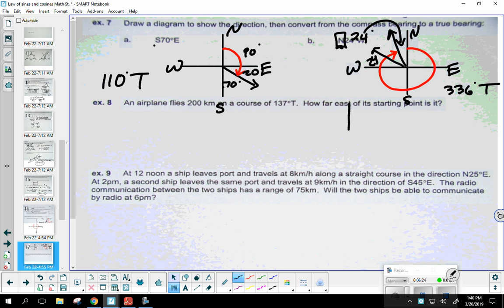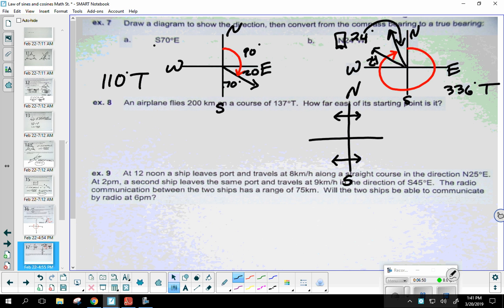So once you're looking at this, you always rotate off of north or you rotate off of south. Now, it can change if it's worded in a particular way. Like there was a problem I was looking at in pre-calculus the other day, and the measurement was 30 degrees north of west.